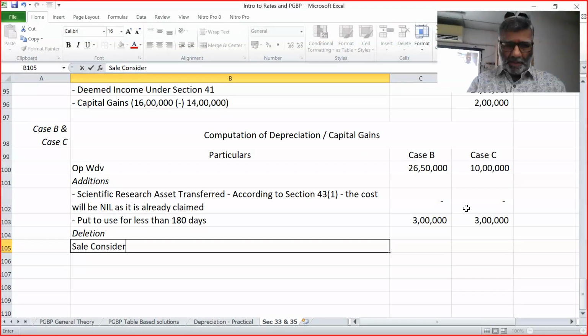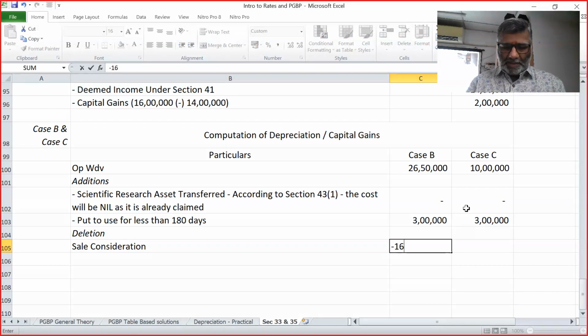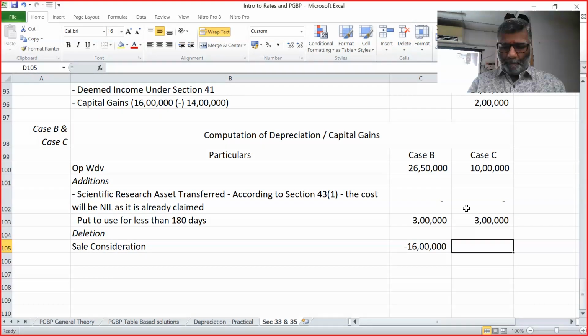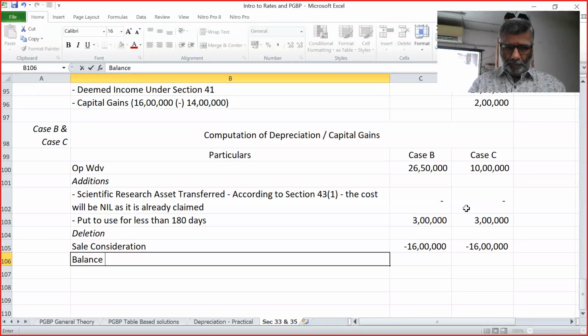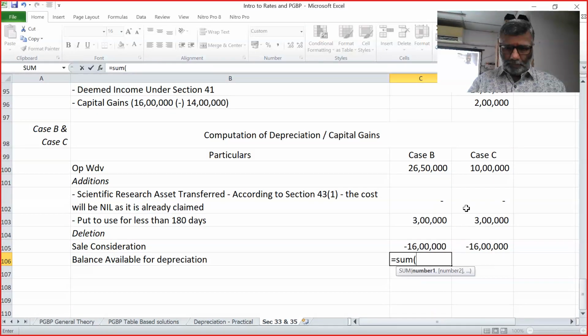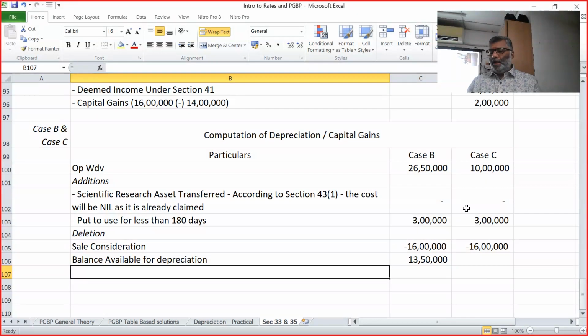Sale consideration 16 lakhs. In block, in case B, I have balance available for depreciation 1350. Whereas in case C, the block is gone.